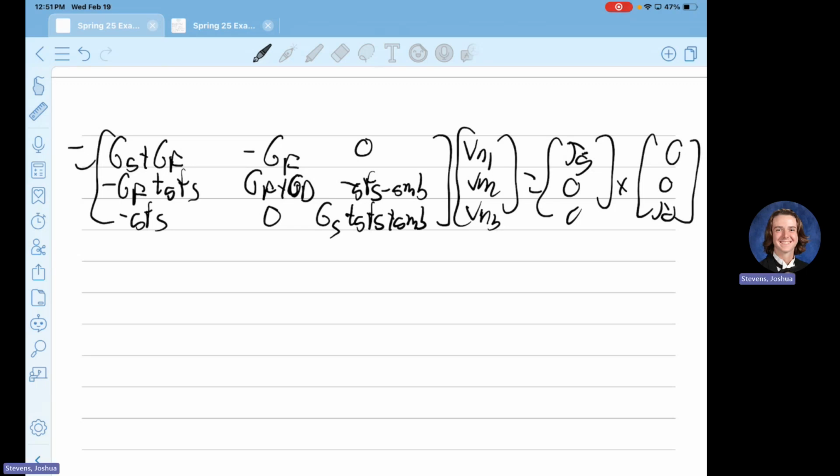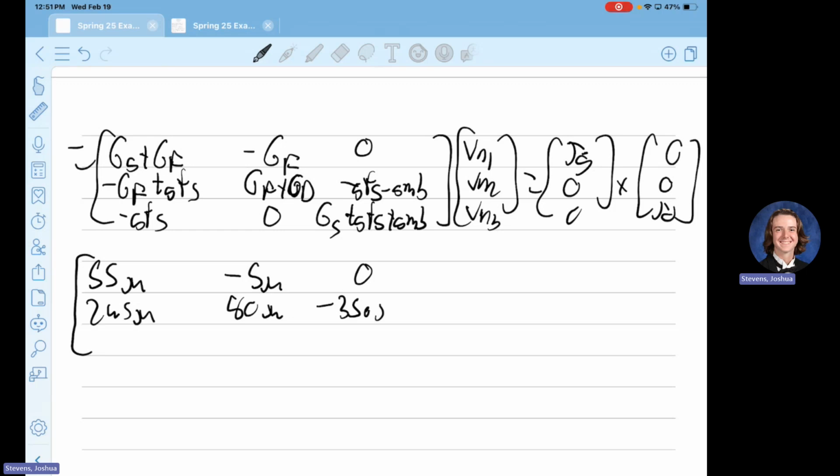When you put in the values for these terms, you get 55 micro, negative 5 micro, 0, 245 micro, 80 micro, negative 350 micro, 250 micro, 0, then 470 micro.